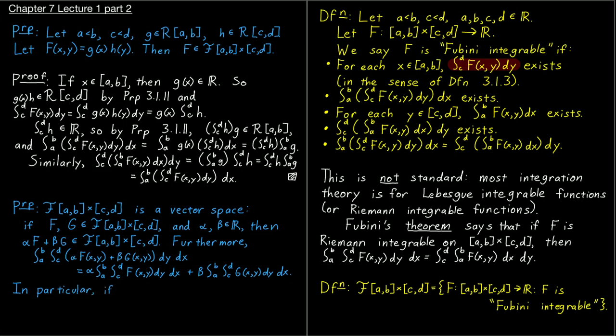If I've got a bunch of one-dimensional Riemann integrable functions, got a whole bunch of them. The first proposition on this page says that their products are integrable, and the second proposition says you can add them together.